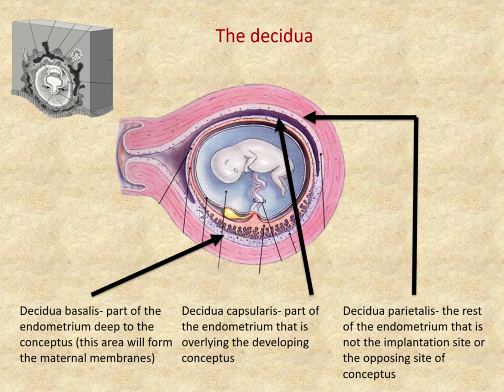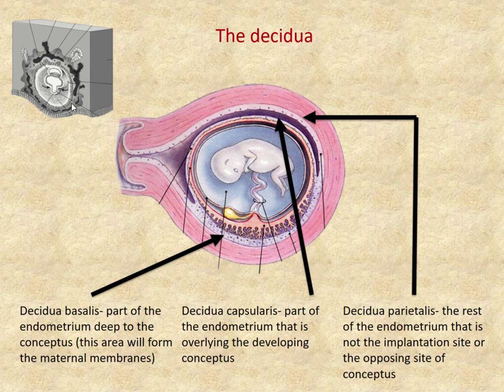And that's going to be the area where the chorion on the fetal side is going to continue to grow into the placenta. Now, the decidua capsularis is the part of the endometrium that was on top of or overlying or more superficial to the implanted blastocyst.